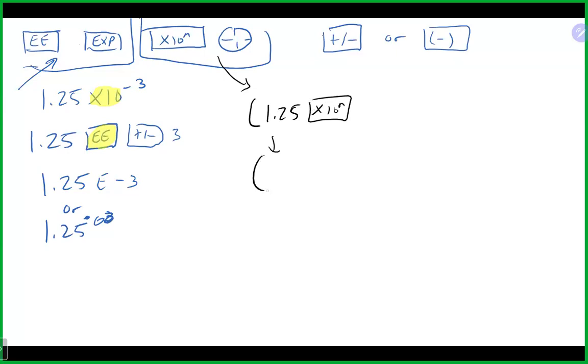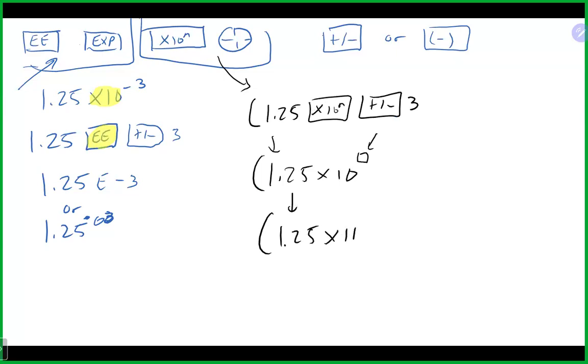And on your calculator, you'll have 1.25 times 10, and a little blinking box up on top that's blinking at you. That is where we will continue to put the rest of it. You'll hit your negative button and 3. This will then become 1.25 times 10 to the -3, and your little box is now to the right of the -3, blinking up on top.